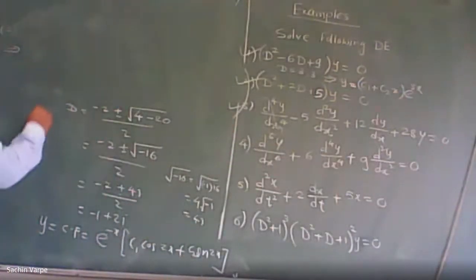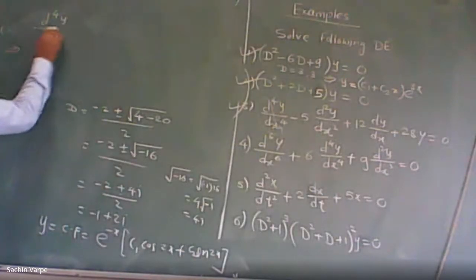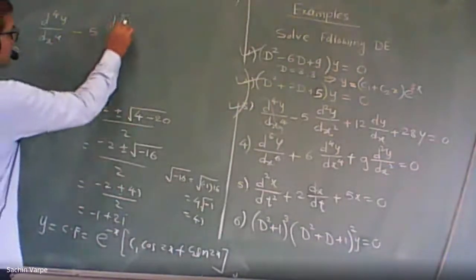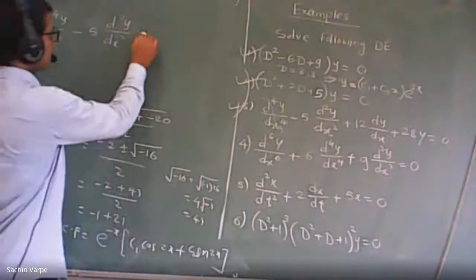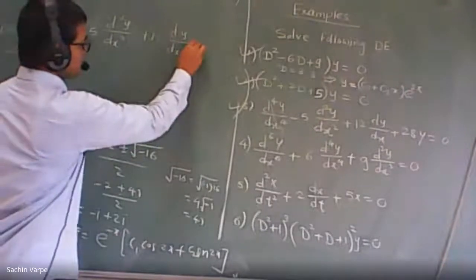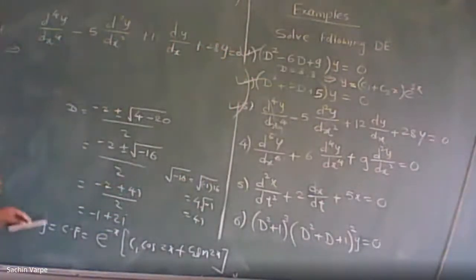So let us solve the third example, that is d raised to 4 y by dx raised to 4 minus 5 d square y by dx square plus 12 dy by dx plus 28y equal to 0. So it's in capital D form.